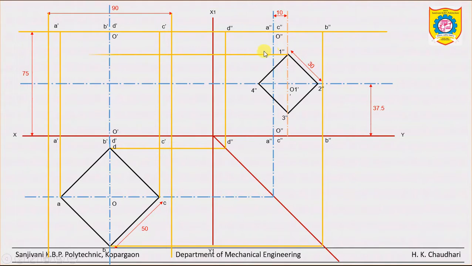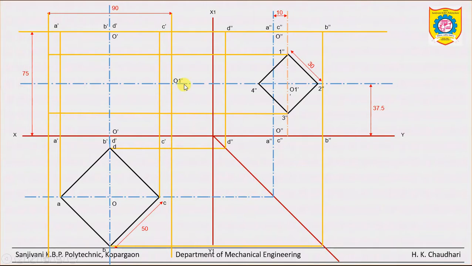So let us take the projections from each corner or each edge. So here it is projection from 1 double dash, similarly 3 double dash, from 2 and 4 already it is on this center line.